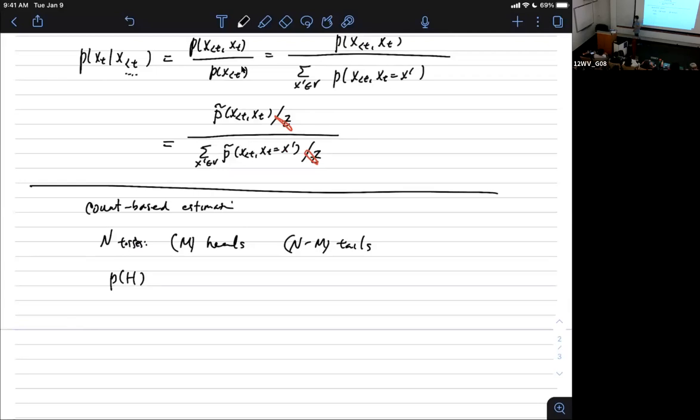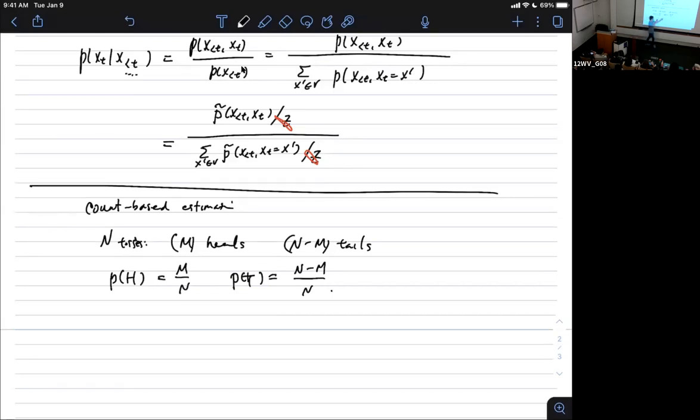Okay, that's great. Otherwise we'll have to go all the way to probability one, and then you have to start everything. The probability of heads is m over n, and the probability of tail is n minus m over n. Here you notice that the actual number of occurrences of the coin landing heads can be thought of as unnormalized probabilities.